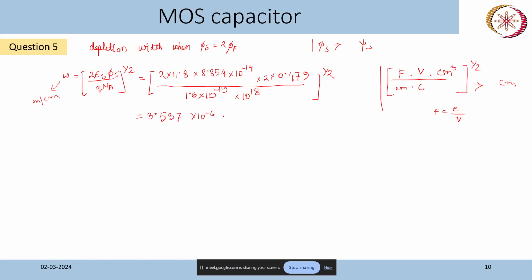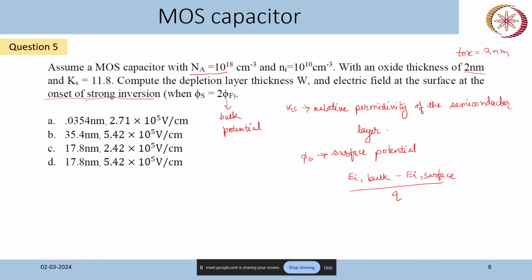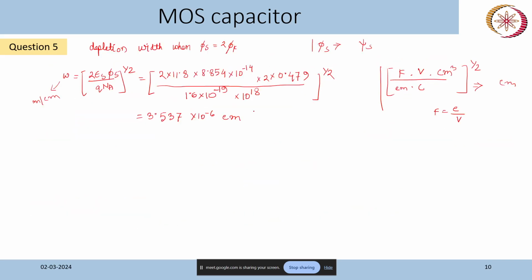This is in terms of centimeter. Okay, let me see the answer given. Okay, so the answer is given in nanometer. So let me calculate in terms of nanometer. So this will be 10 to the power minus 2. So 35.37 into 10 to the power minus 9 meter. So that is 35.37 nanometer.